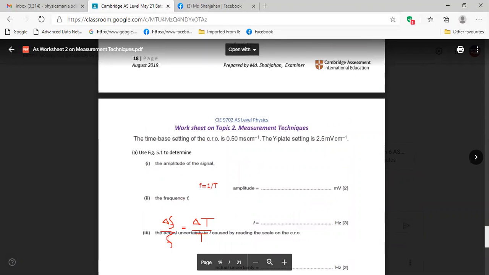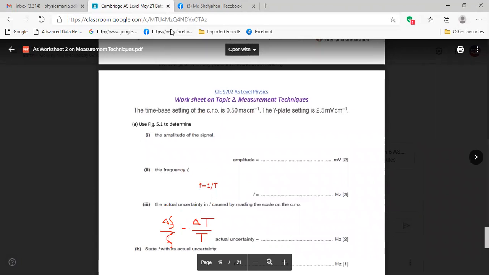If we convert it to time, del T equals 0.1 centimeter times 0.50 millisecond per centimeter.